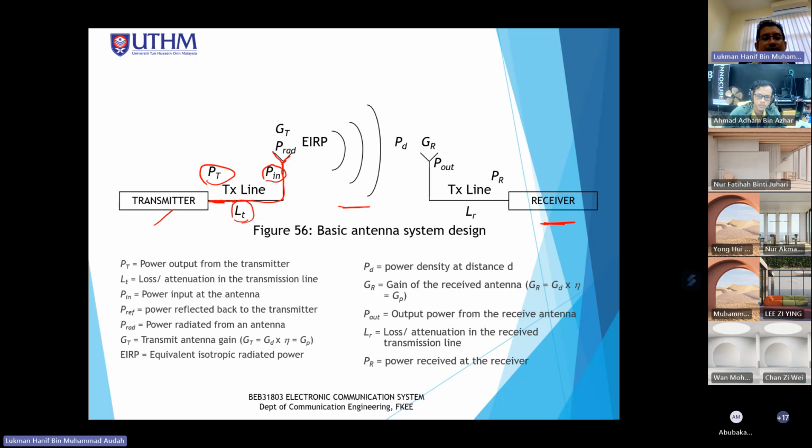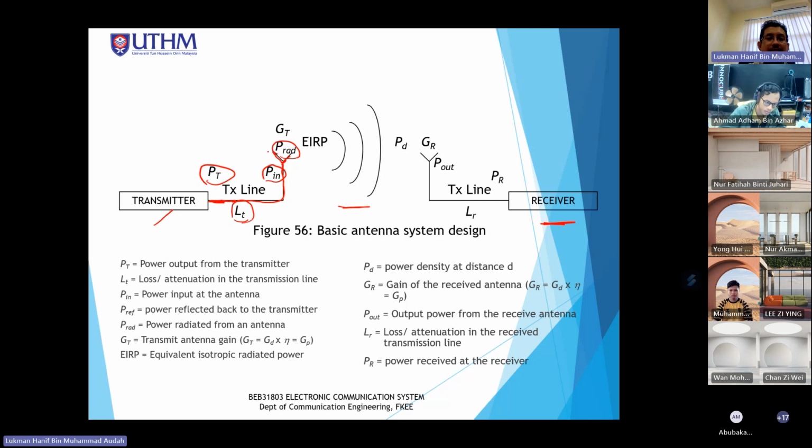The power that we use to radiate the electromagnetic wave is what we call P rad, the power of the radiated wave. Basically, the input power is larger than the radiation power.